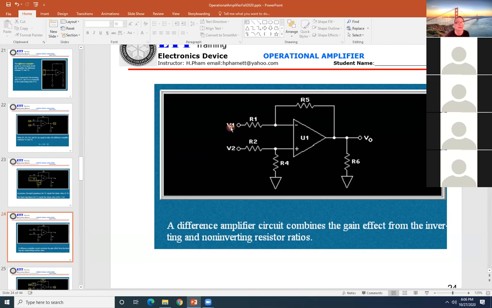Now, if I ground V1, grounded here, what is the name of the amplifier? Non-inverting.